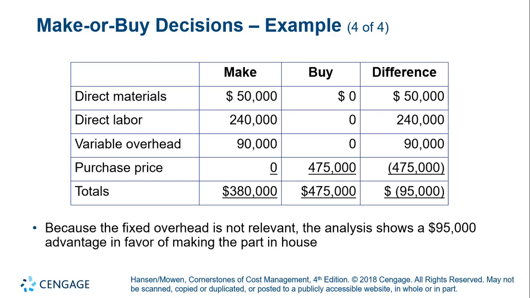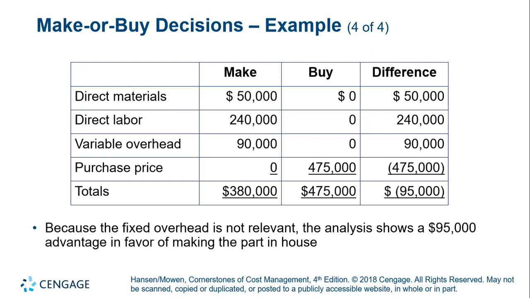So if you only buy the parts, you'll pay 475,000. That's the 100,000 parts times 4.75. So the difference is 95,000 in favor of making the part.